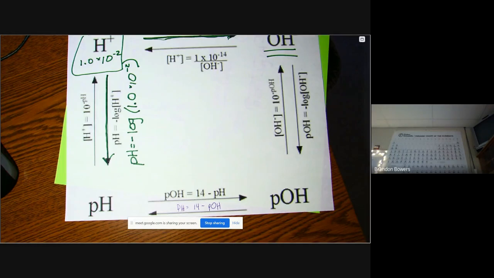All right, so you can skip number 1 for now. We're going to focus on number 2 and fill in this chart.